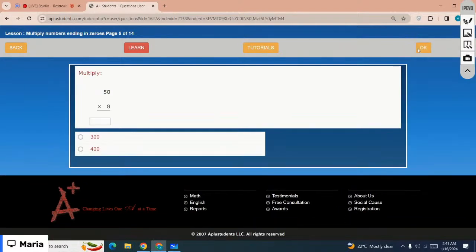The next one is 50 times 8. Which is the correct option? 8 times 5 is... Yes, that is 40, so 50 times 8 is 400.